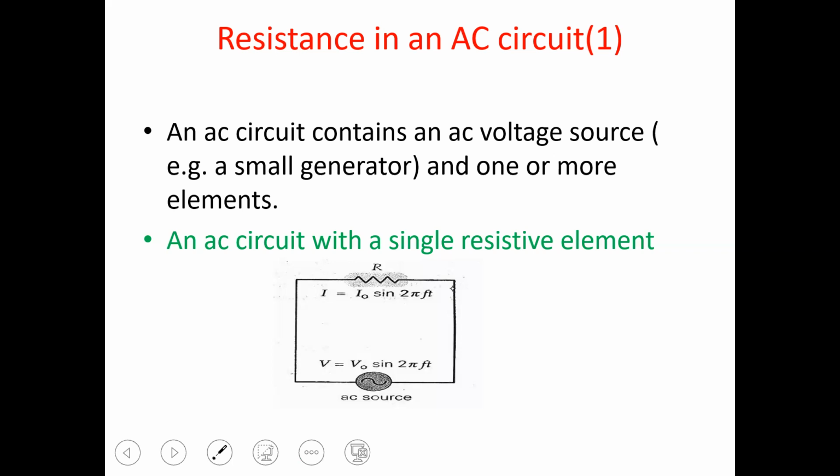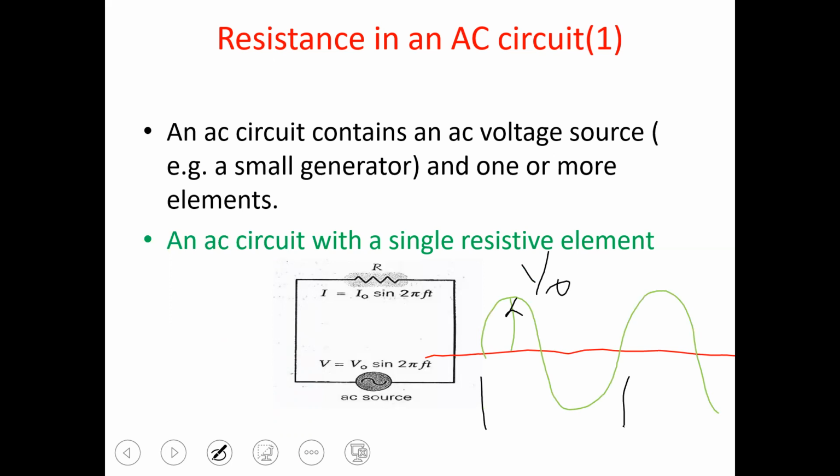So when we think about the AC going up and coming down, the height here is V naught, and this place to this place is one period, or we call it wavelength. The time taken to make a wavelength is one period, and the number of wavelengths you can have in a second is the frequency.